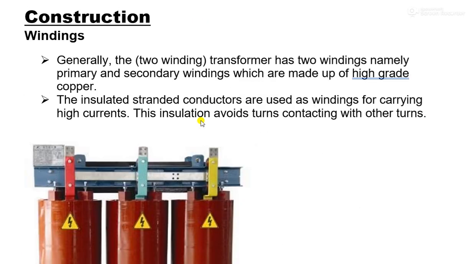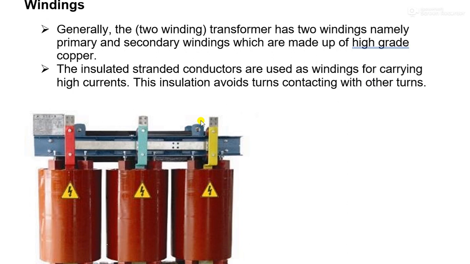Next is the winding. Generally two windings are used in a transformer, namely the primary, which is connected to an AC source, and the secondary, which is connected to the load, which are made of high grade copper.